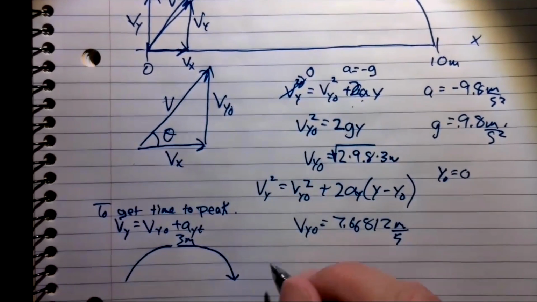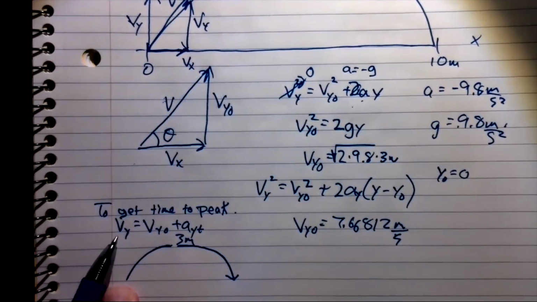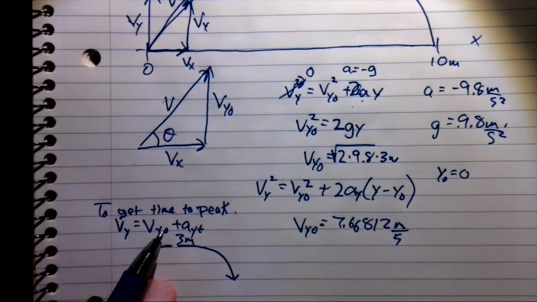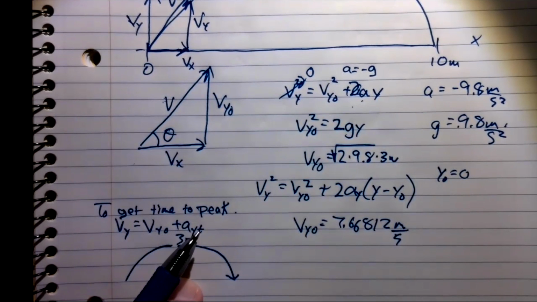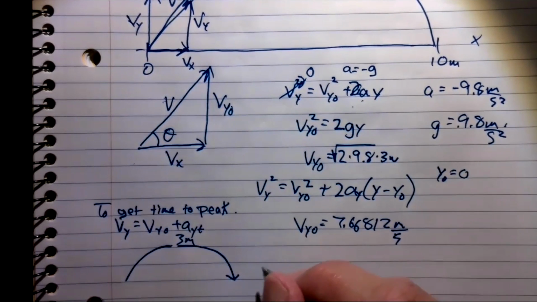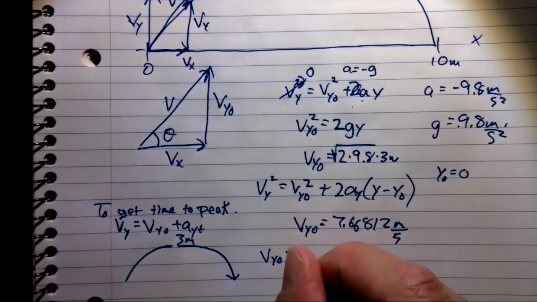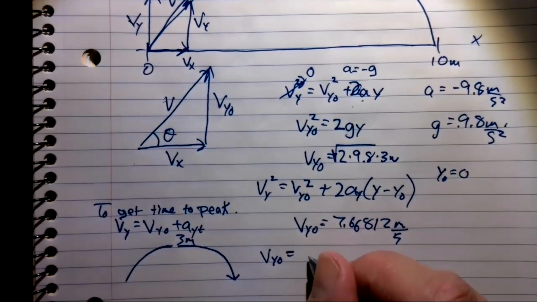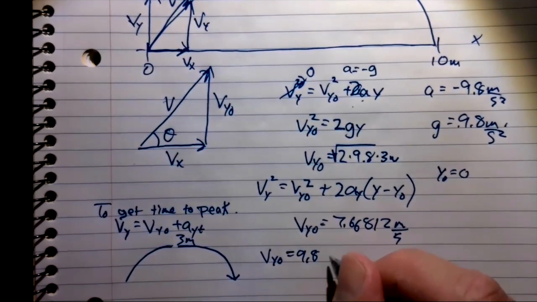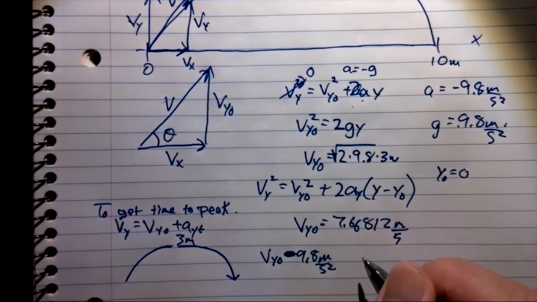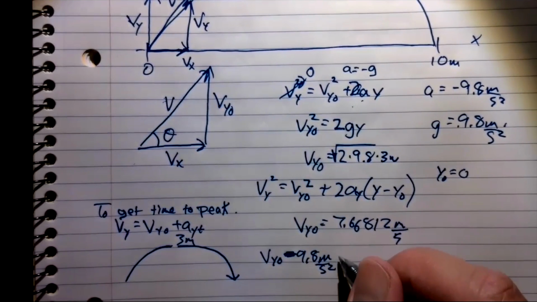All right, so at the top here, Vy is of course going to be 0, so that just leaves us Vy0 plus Ay times t. I'll put my numbers in for that. So I'll have Vy0 minus, I'll put in 9.8 meters per second squared. That's a minus there, in case you were wondering.